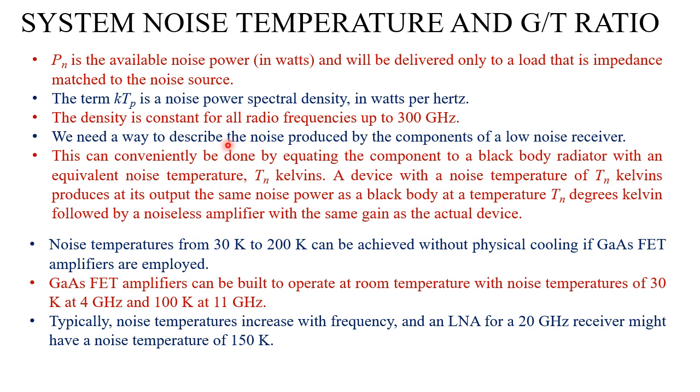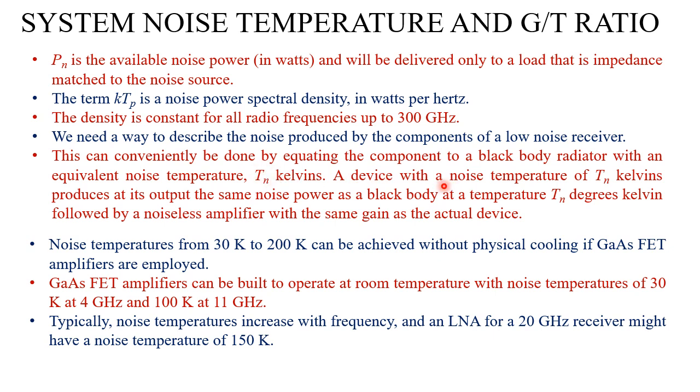We need a way to describe the noise produced by the components of a low noise receiver. So this can conveniently be done by equating the component to a blackbody radiator with an equivalent noise temperature written as Tn Kelvin, not degree Kelvin, Tn Kelvin.